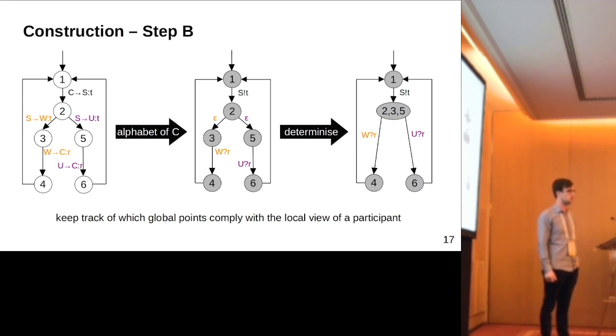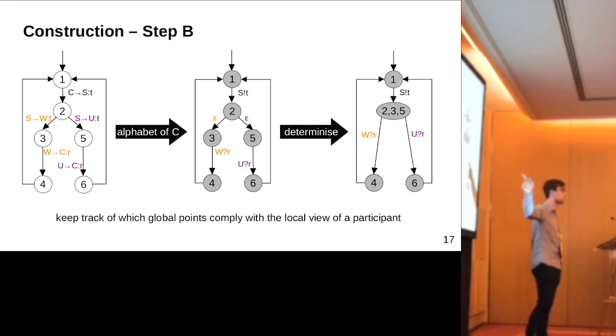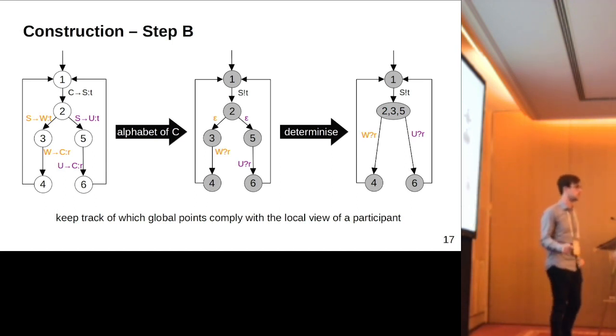But your paper said you cannot do local type syntax, but probably I misunderstood. I don't think we claim that, to be honest. I think we claim that the classical projection approach would never produce something like this. What I claim now is that I can produce this and transform it back into a local type. Okay, thank you.